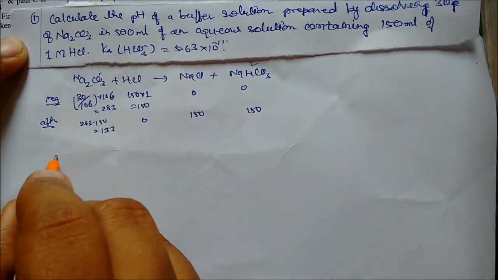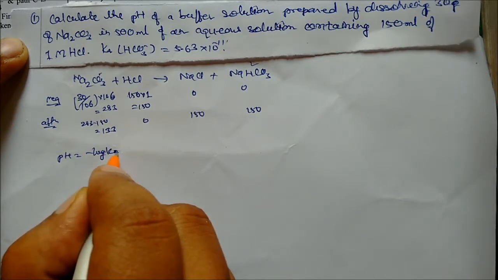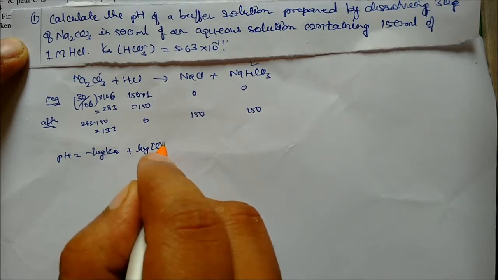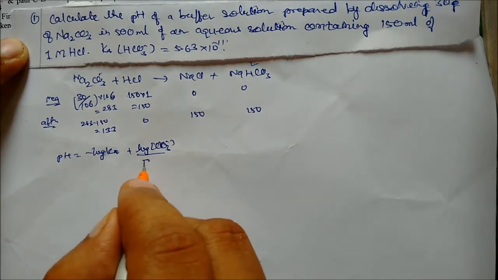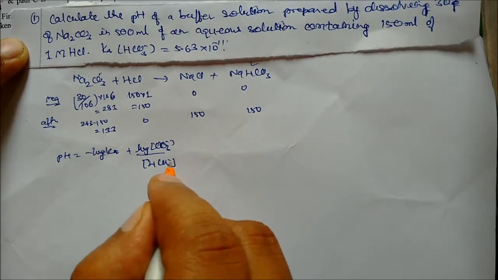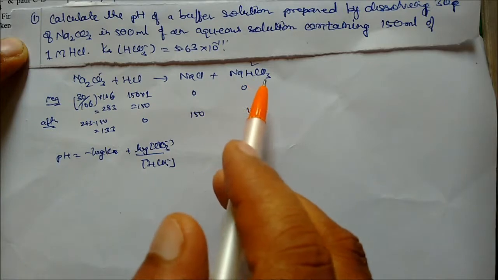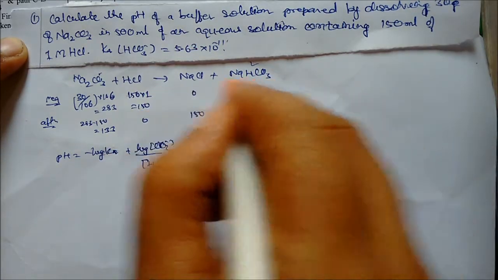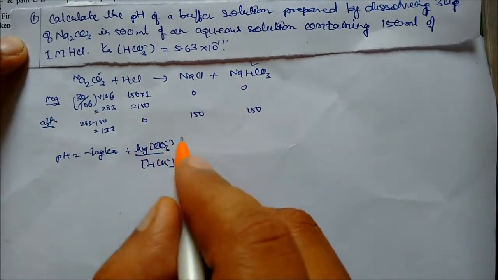So we can write pH is equal to minus log of Ka plus log of carbonate by bicarbonate. Bicarbonate is acting as an acid and carbonate is acting as a base. So this is a salt and acid buffer.